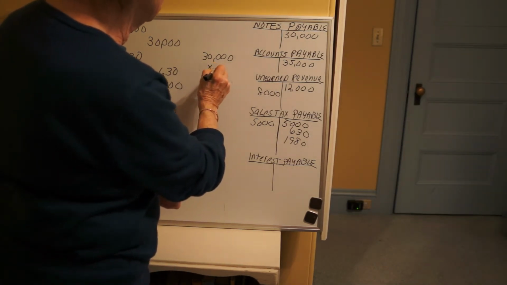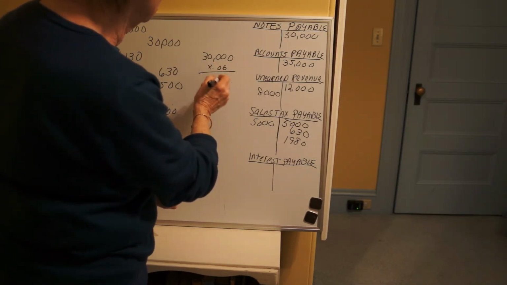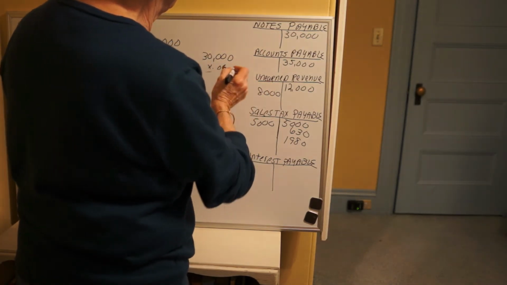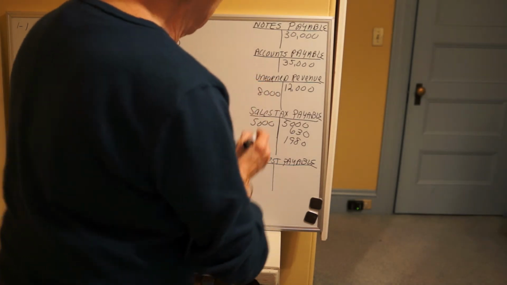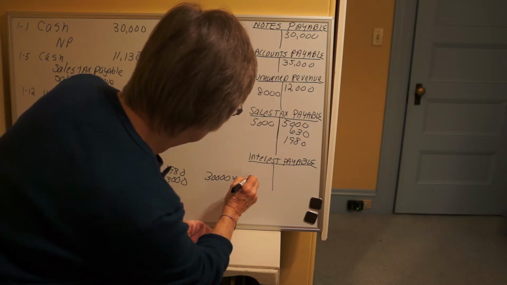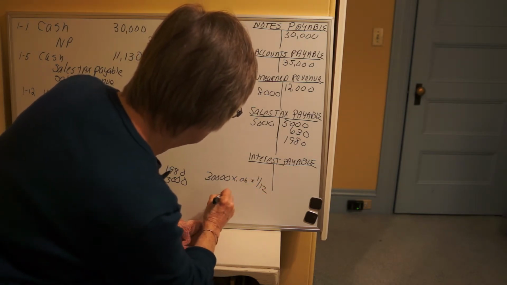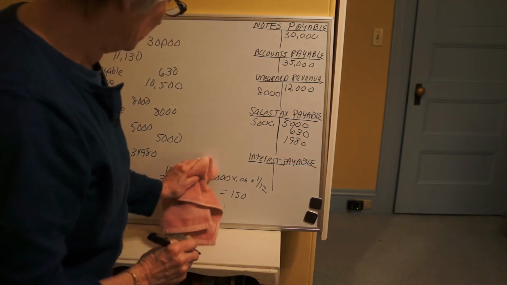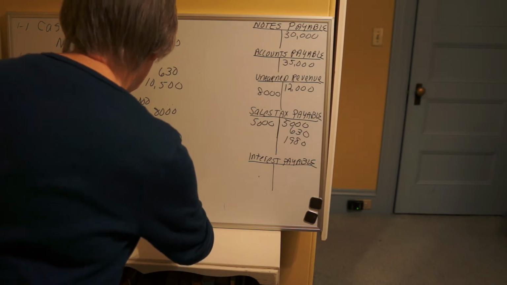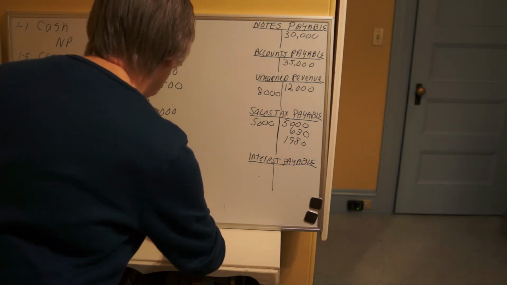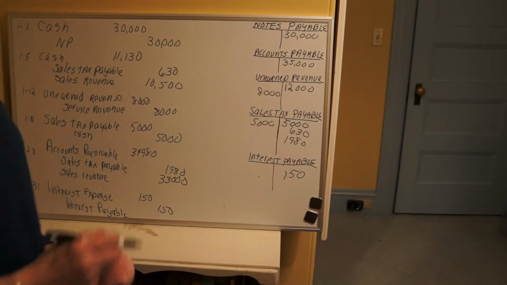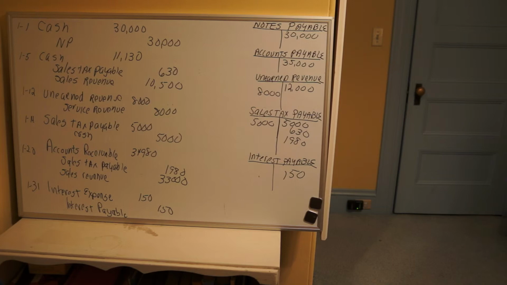So 30,000 times 0.06 gives us the annual amount, and then we divide it by 12. The easier way is 30,000 times 0.06 times 1/12 for 1 month, and it comes out to $150. So we would go interest expense 150 and interest payable.